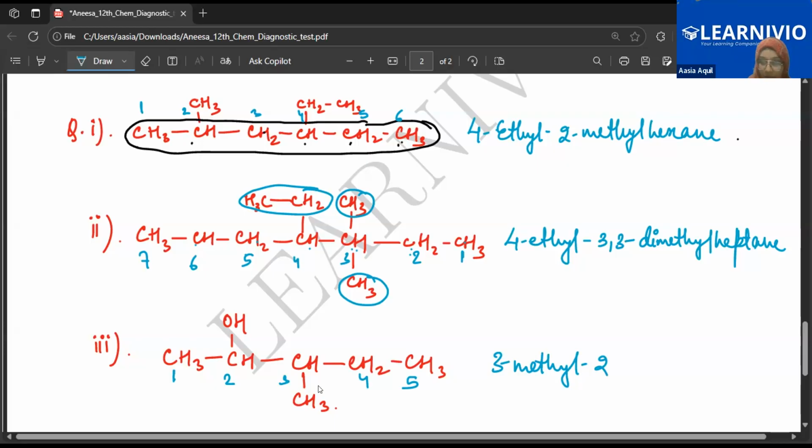So you can write 3-methyl-2-pentanol, or 3-methylpentan-2-ol. Both are correct. Got my point? Yes, ma'am.